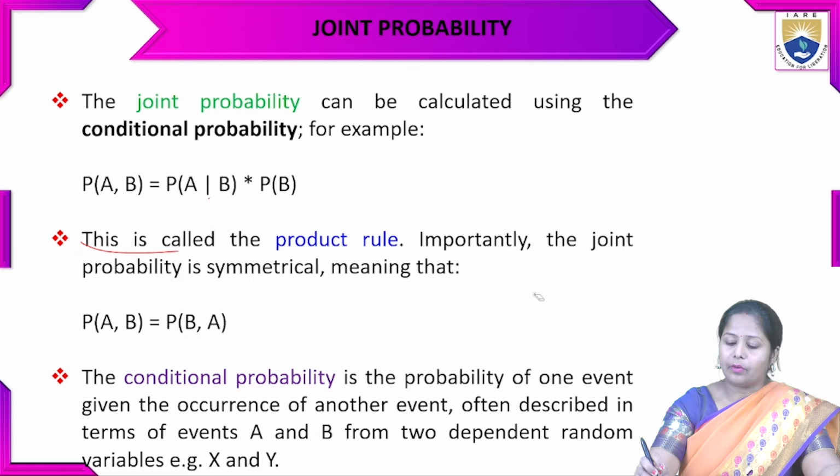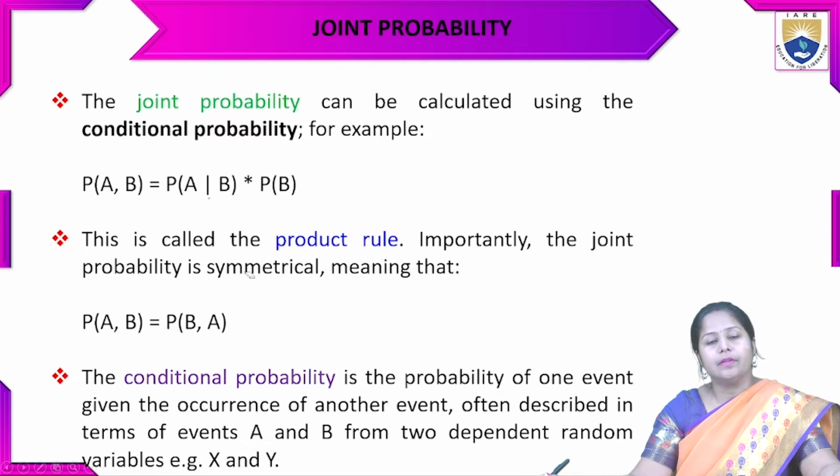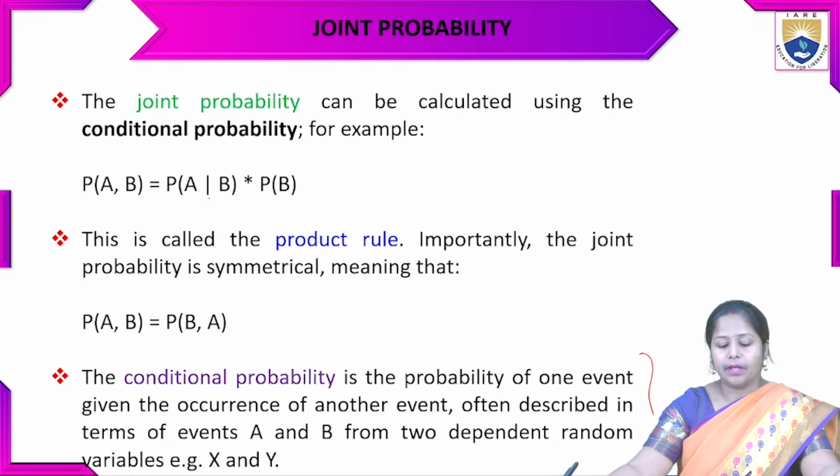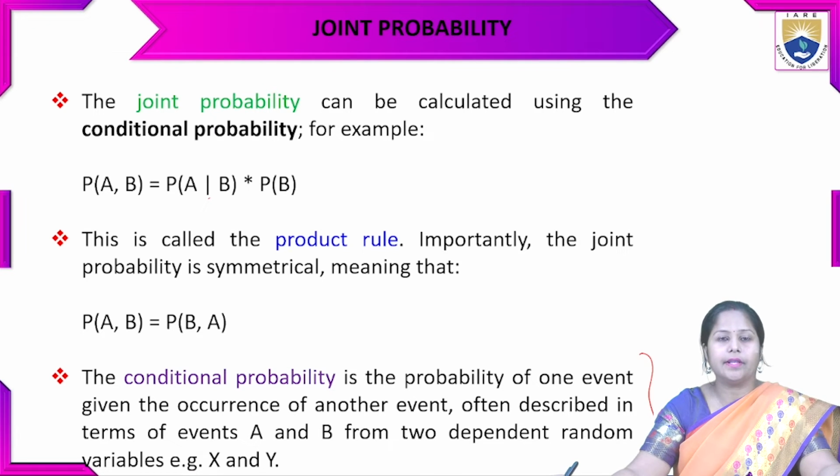Now the conditional probability comes. The conditional probability is the probability of one event given the occurrence of another event.